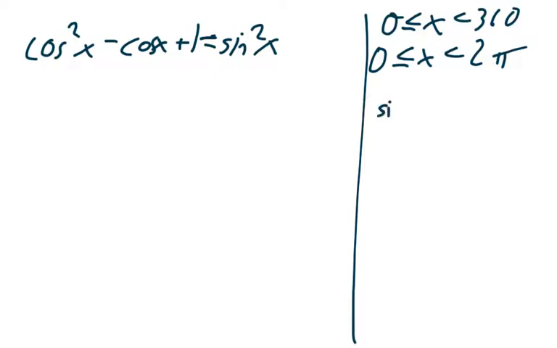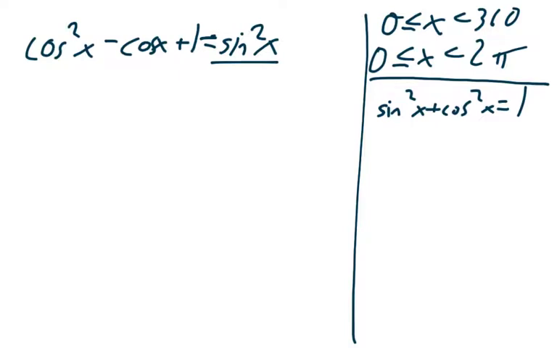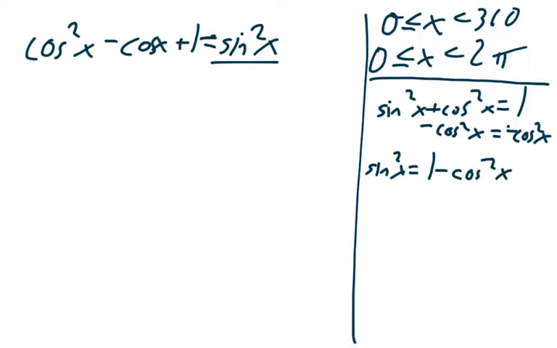So we all know that sine squared plus cosine squared equals 1. I want to get rid of this sine squared, so I'm going to subtract cosine squared to get sine squared by itself. And so sine squared equals 1 minus cosine squared x.